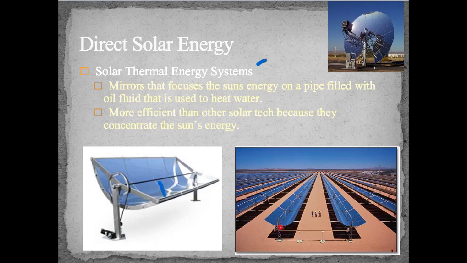You can see a field here of these solar thermal energy systems, and they are more efficient than other solar technologies because they concentrate the sun's energy. You can also see this other type here, concentrated at the center point, which causes some type of oil to boil, and that heat is then transferred to water to make steam, and so on.